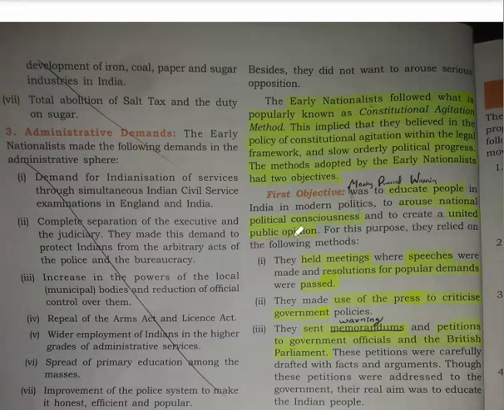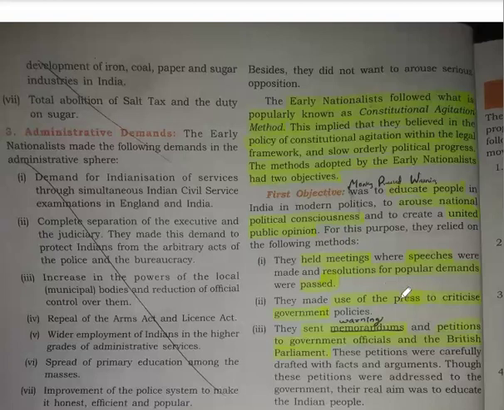For this purpose, they relied on the following methods: they held meetings where speeches were made and resolutions for popular demands were passed. The early nationalists gave resolutions for the demands Indians had, and these were passed.